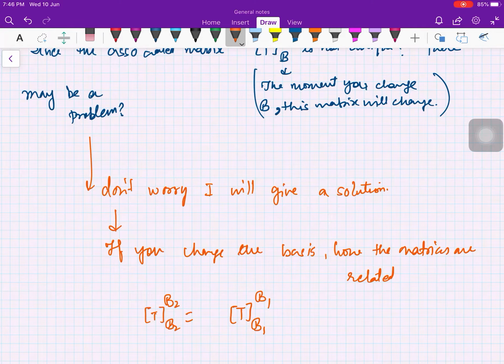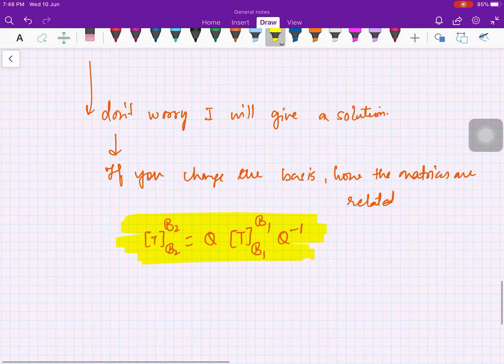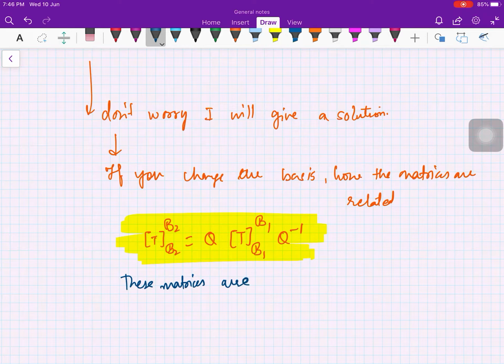Can you tell me? We have done it so many times. These matrices are actually similar matrices. This is the relation between the matrices if you change the basis.